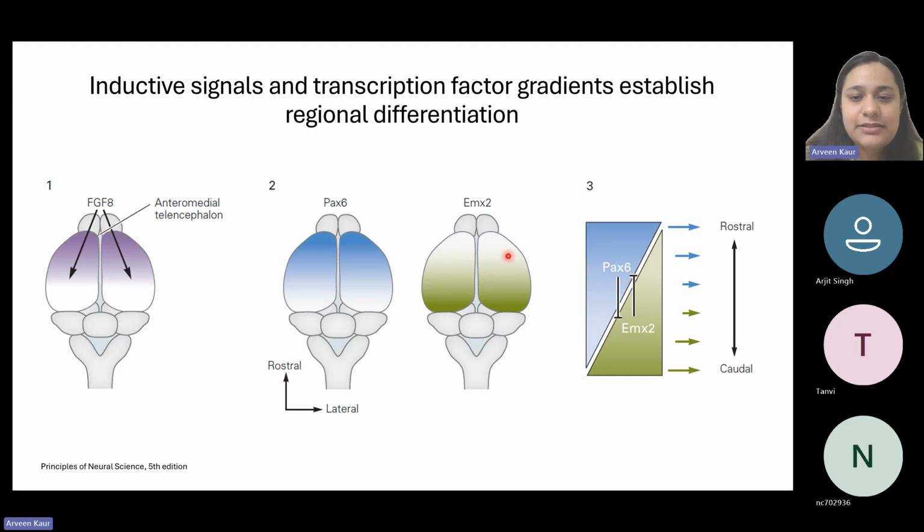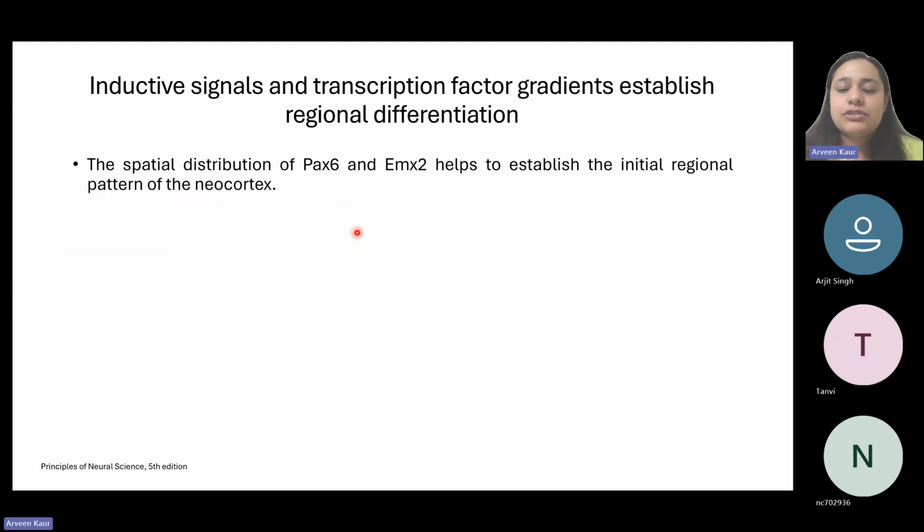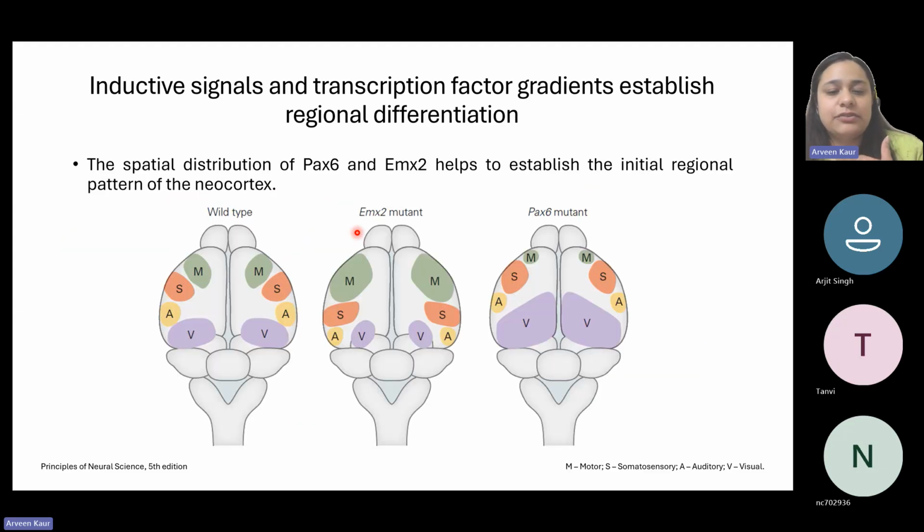But since EMX2 is not present over here, even this shallow gradient can induce more development as what would have happened in the anterior part of the brain, right? So it will be more like the anterior part of the brain because it will be able to manipulate it like that, right? So that is why this motor cortex and somatosensory cortex, you can see, has grown in size like anything, and these two have shrunk in size and have been displaced further down, right?